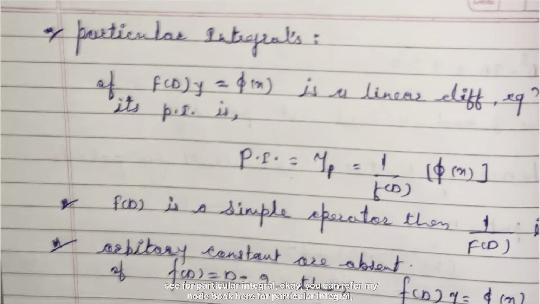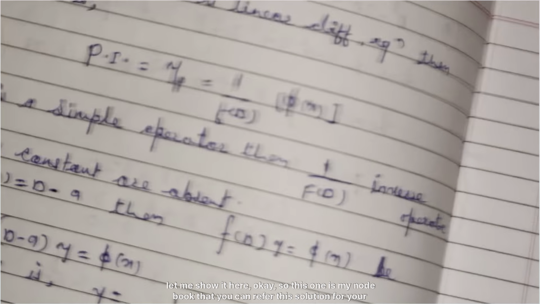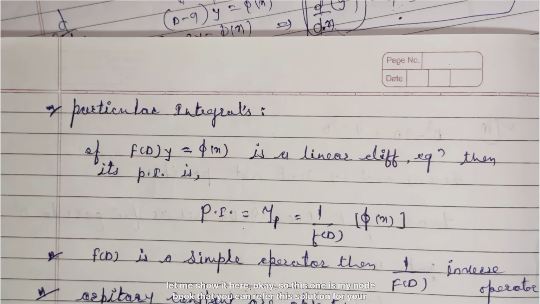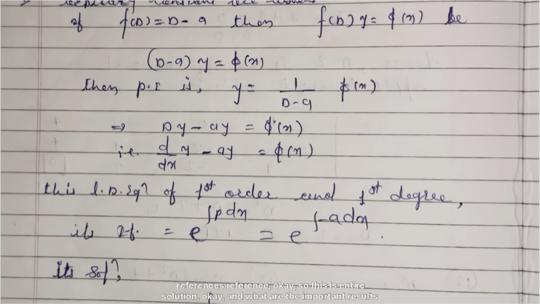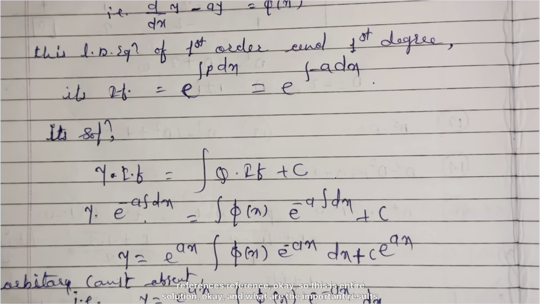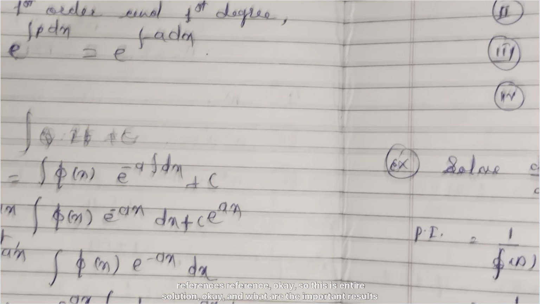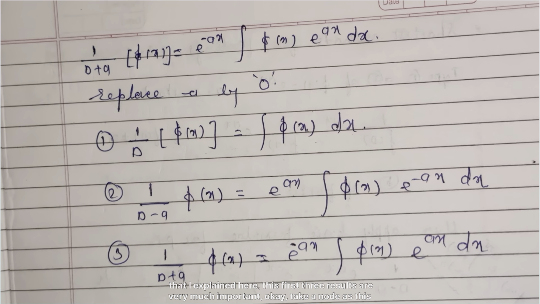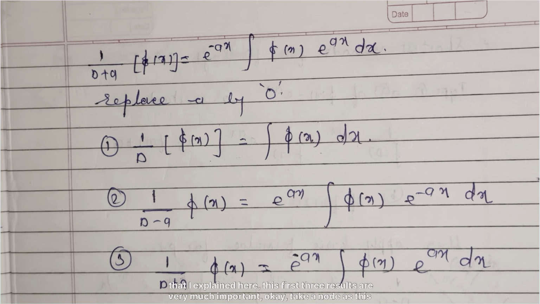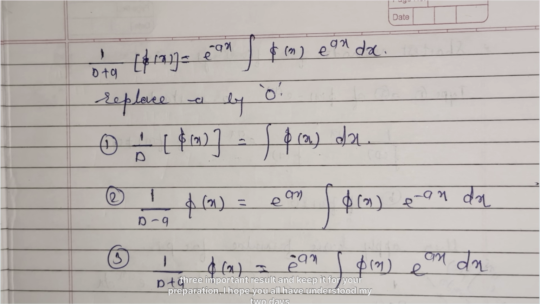You can refer to this solution for your reference. So this is the entire solution. The first three results are very important, so take note of these three important results and keep them for your preparation.